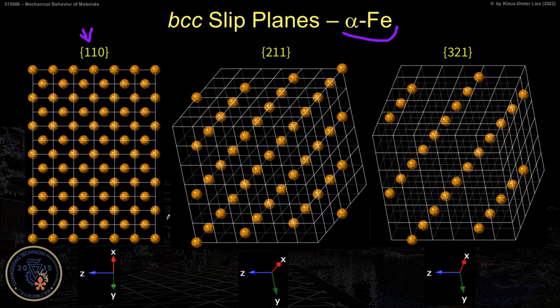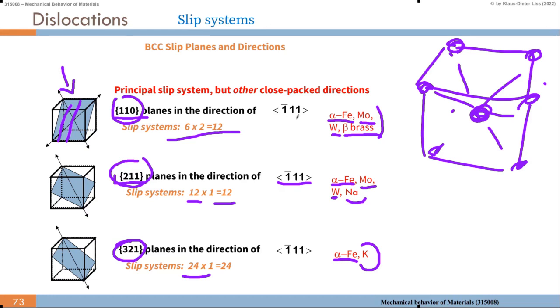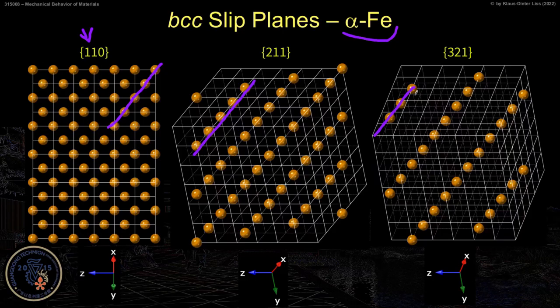And all of these planes contain lines with dense packing. There's dense packing in this direction, there's dense packing, and there's dense packing. And that's always the same <-1,1,1> type direction. So it's always the same type of direction, but in different planes.